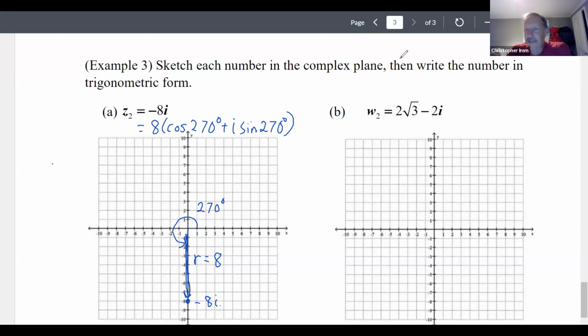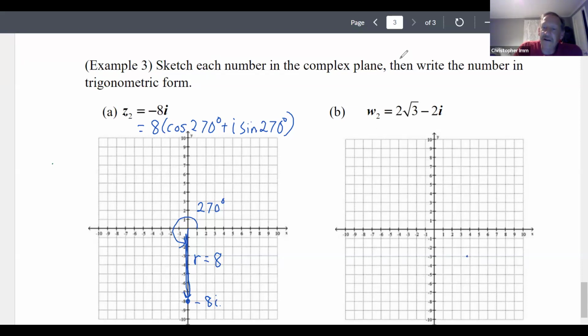This next one we want to plot first in standard form and then convert it over to trig form. So in the next section, you'll be working with these a little bit more. So again, I want to know what 2 root 3 is. We said earlier it was 3.46 approximately. So I'm going to go over to the right, 3.46, and then I'm going to go down 3.